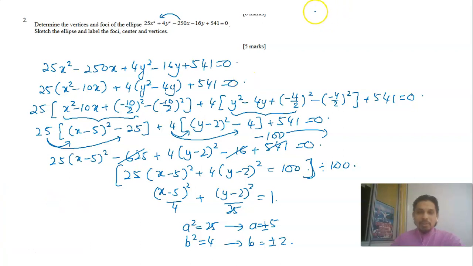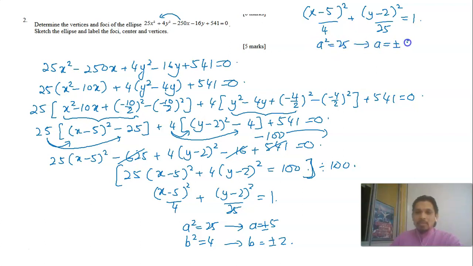I rewrite the equation here: (x minus 5) squared divided by 4 plus (y minus 2) squared divided by 25 equal to 1. So then a squared equal to 25, then a equal to plus minus 5. And b squared equal to 4, then b equal to plus minus 2.